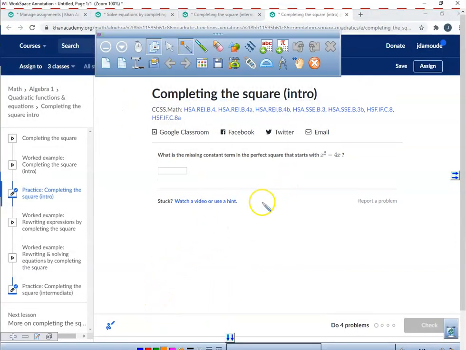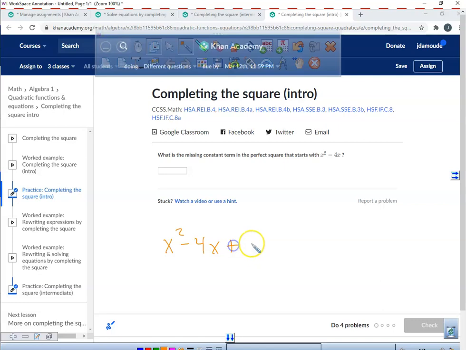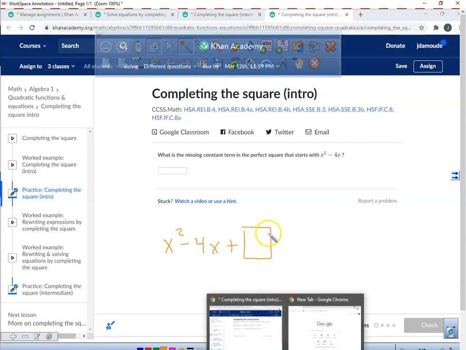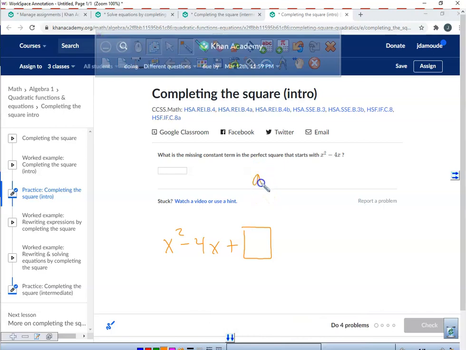Right here, if you would please put x squared minus 4x plus and open up a box. When you're completing the square, I want you guys to think of standard form, ax squared plus bx plus c. And technically you could also say equals 0.